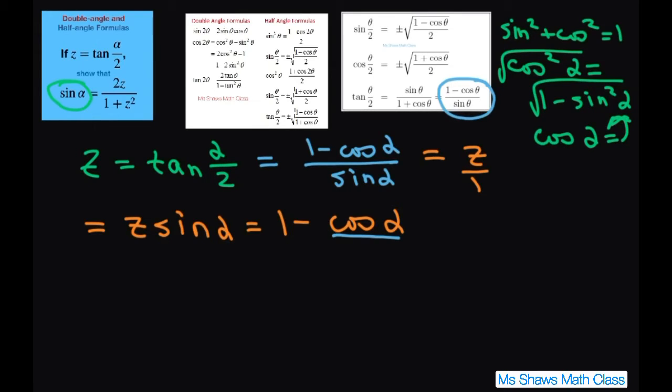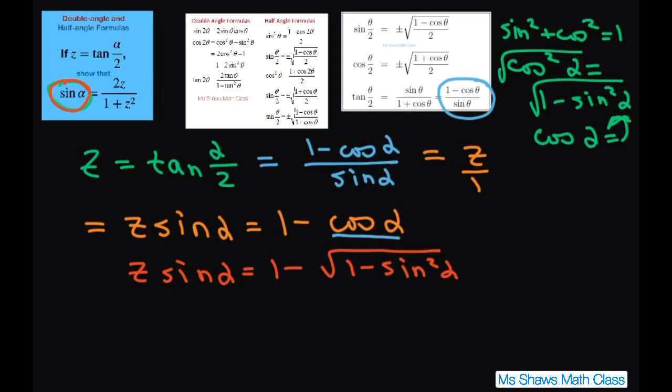All right, so I'm going to substitute. So I have z sine of alpha equals 1 minus the square root of 1 minus sine squared of alpha. Now I'm happy because I have everything in terms of sine. I don't want any cosines in here.